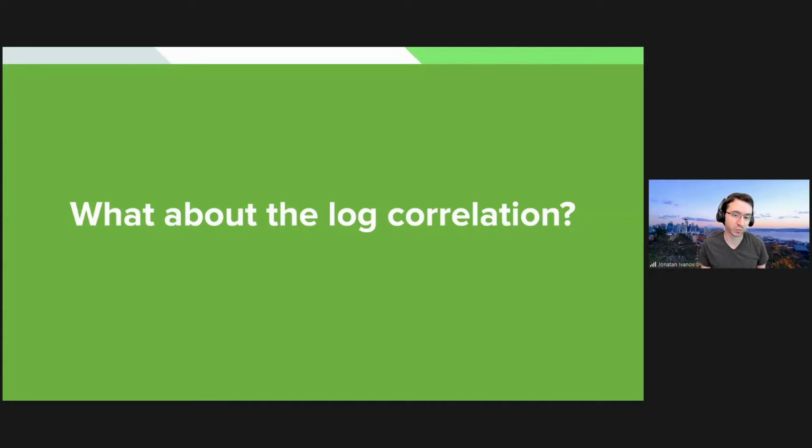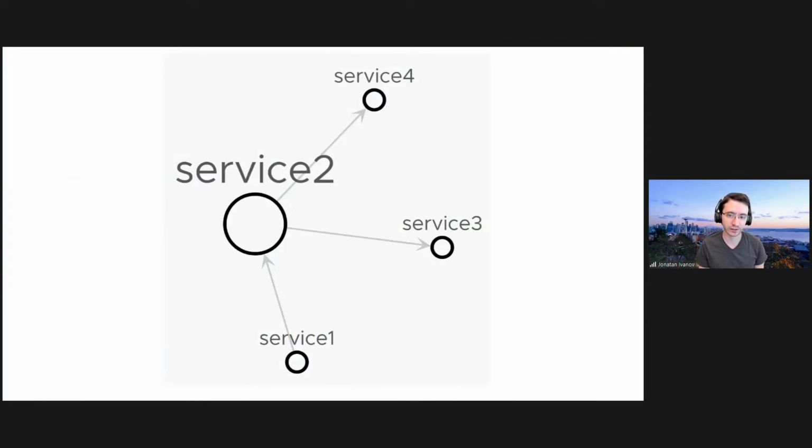So with this, let's move on to our next topic, which is log correlation. Because we have metrics, we know the trends, we can compare the different timestamps to each other, but we still don't know what Joe did that led to this issue. In order to have log correlation, we need some sort of a correlation ID. Let's call this a trace ID.